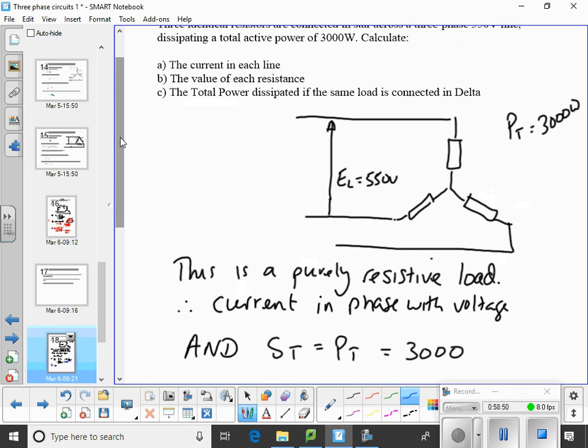We now know the current flowing through each one, 3.15 amps. We've got the line voltage. If we can calculate the phase voltage, we can use Ohm's law, can't we? So how do we get phase voltage from line voltage?